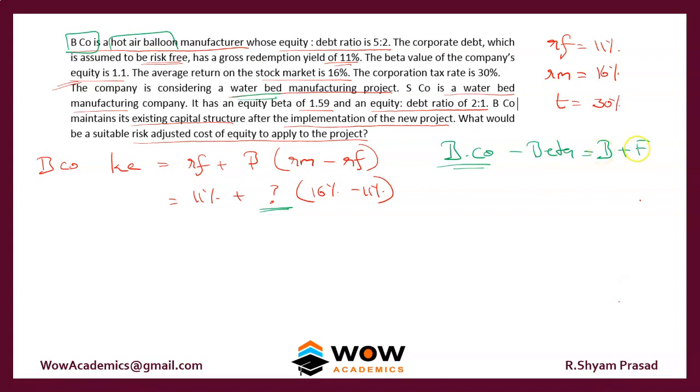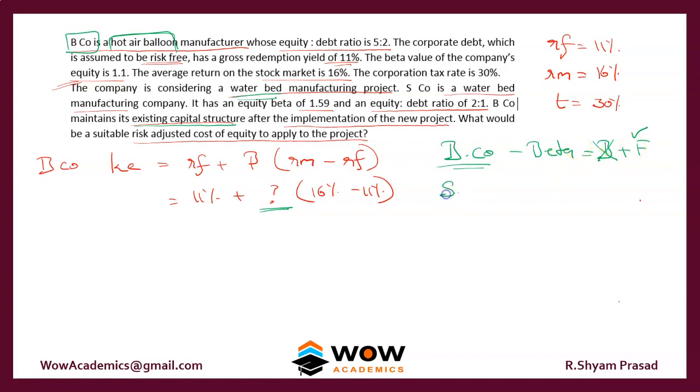The finance risk is correct because BCO is not going to change its existing capital structure. So the finance risk is right, but the business risk is not the appropriate one.